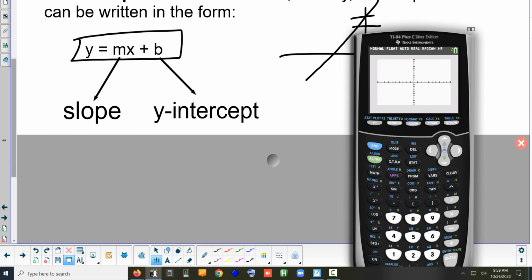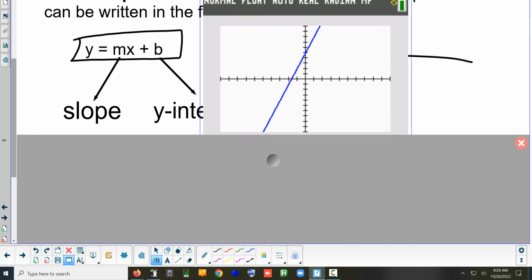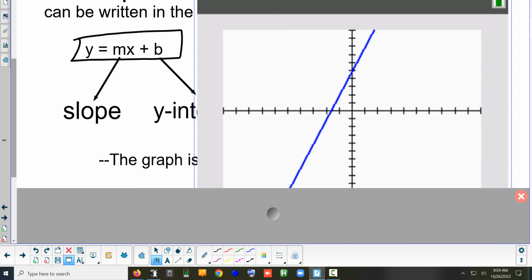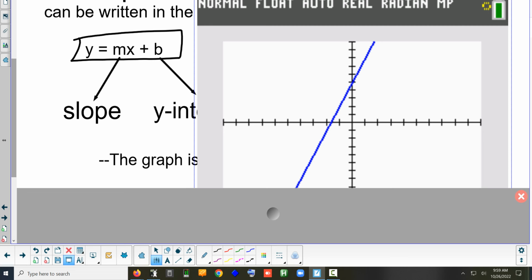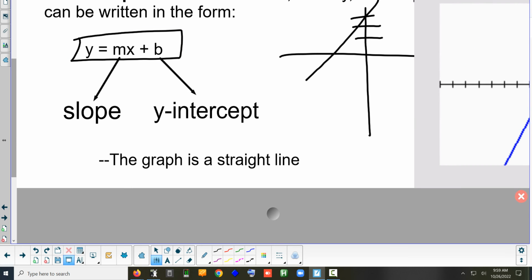And since I put in a plus 5, it should cross the y-axis at exactly 5 units up. I don't know if you can see it. 1, 2, 3, 4, 5. So this will graph lines for me automatically. But I have to type them in on this calculator the way I just showed you. Y equals mx plus b.